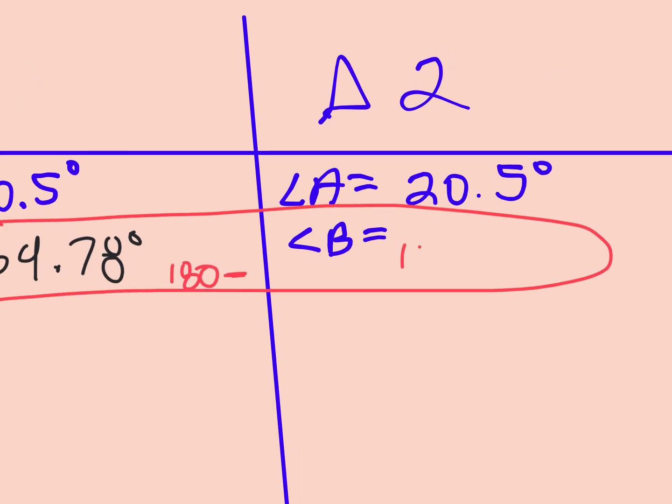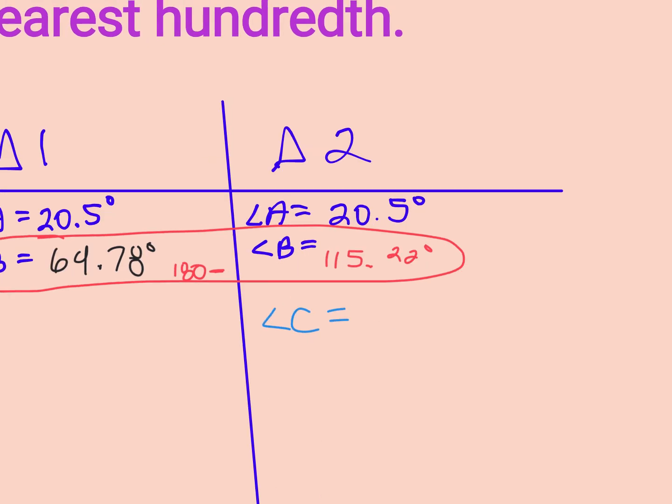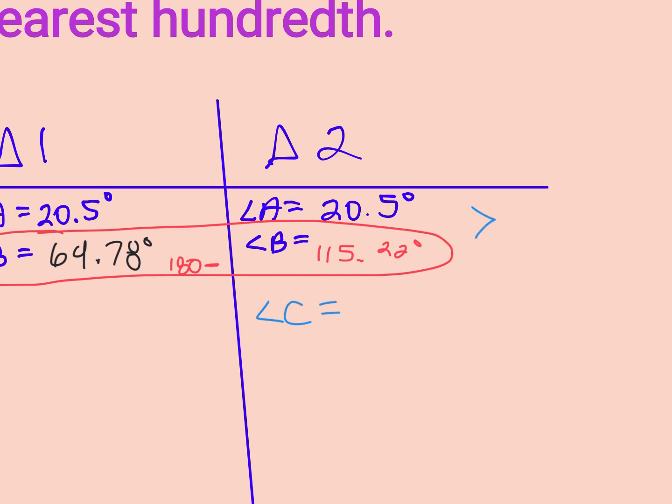I get 115.22 degrees. So if there is a second triangle present, how would I figure out what angle C is? Add those two together. I get these two together is 135.72. Is that less than 180? It sure is.